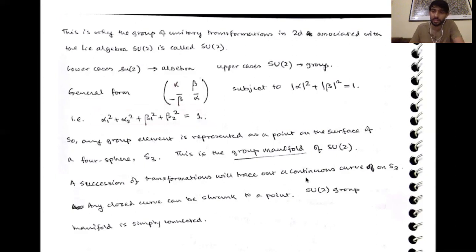Now remember, what is an S3? So for example, an S2 is something which is x squared plus y squared plus z squared is equal to r squared. So that is an S2, right? This is an S1, that is an S2. And it should be clear that this guy now is an S3. So it is a higher dimensional sphere.